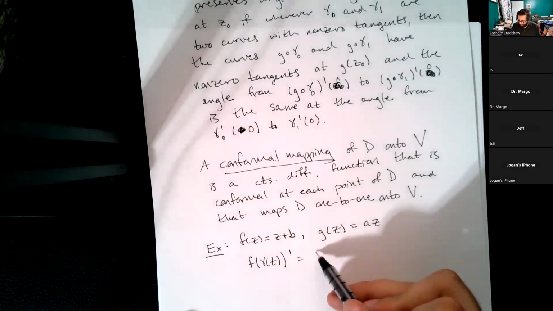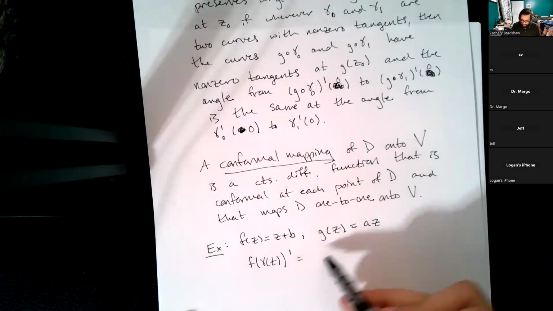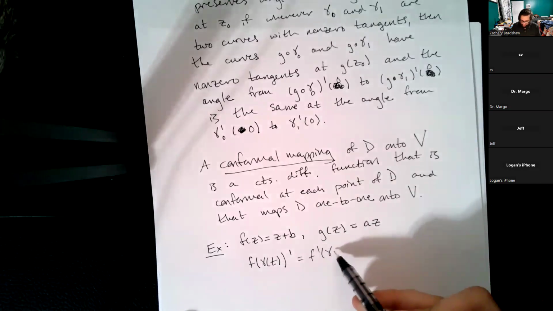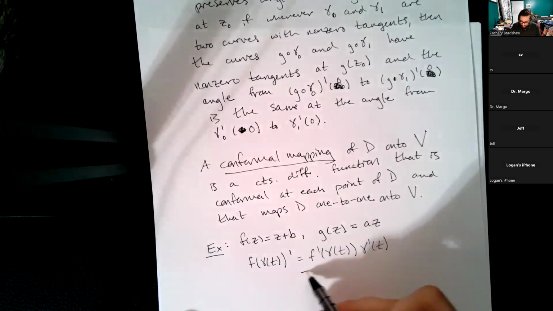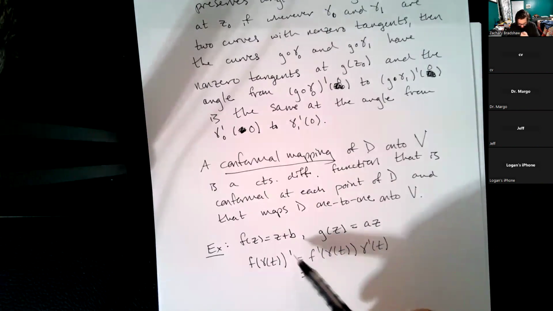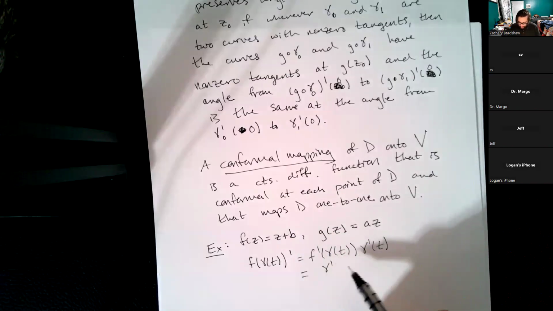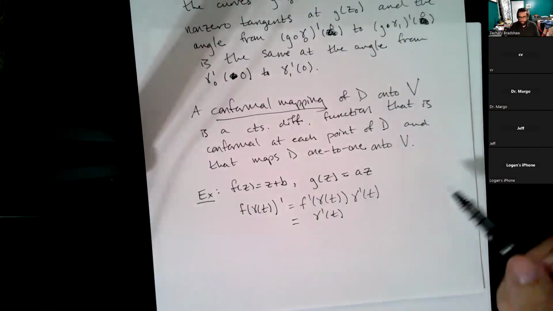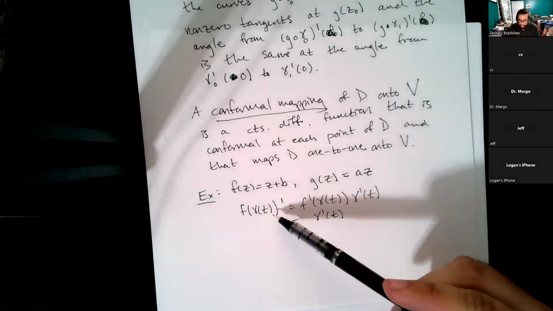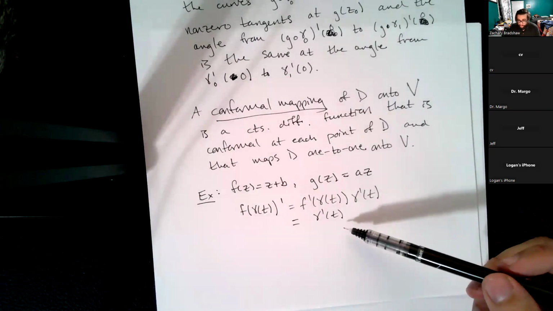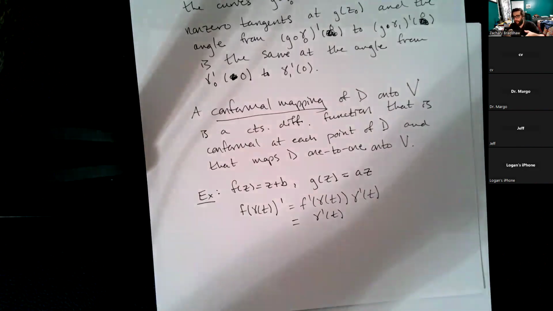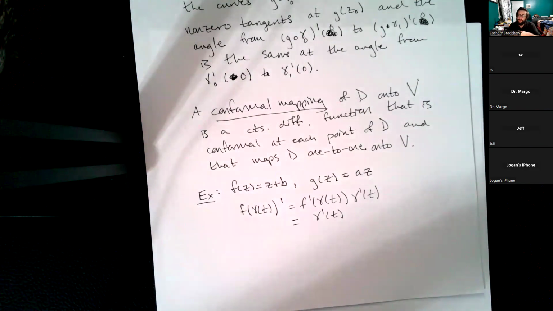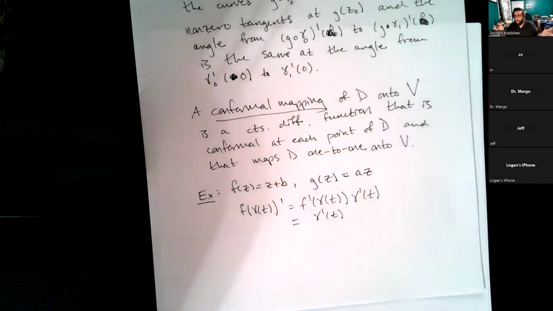We need f prime of gamma of t times gamma prime of t, and f prime is 1, so we just get gamma prime of t. So the tangent vector after mapping with f is equivalent to the tangent vector before mapping with f. And so if we have two paths and we take the tangent vectors, then the angle is going to stay the same.